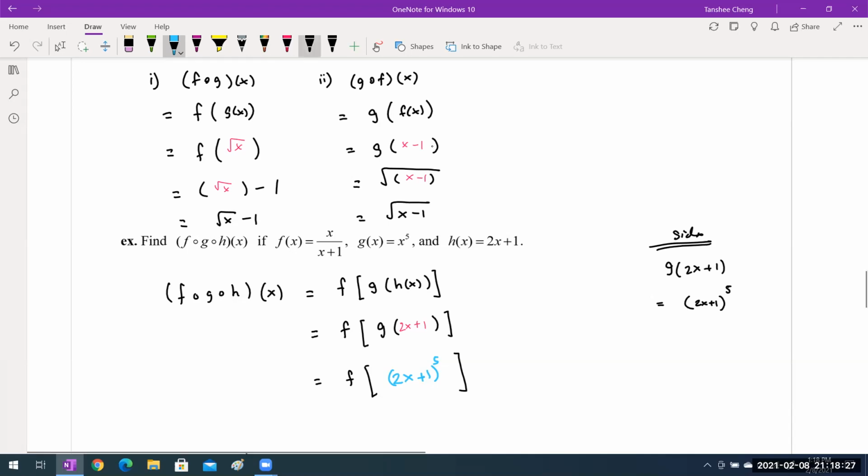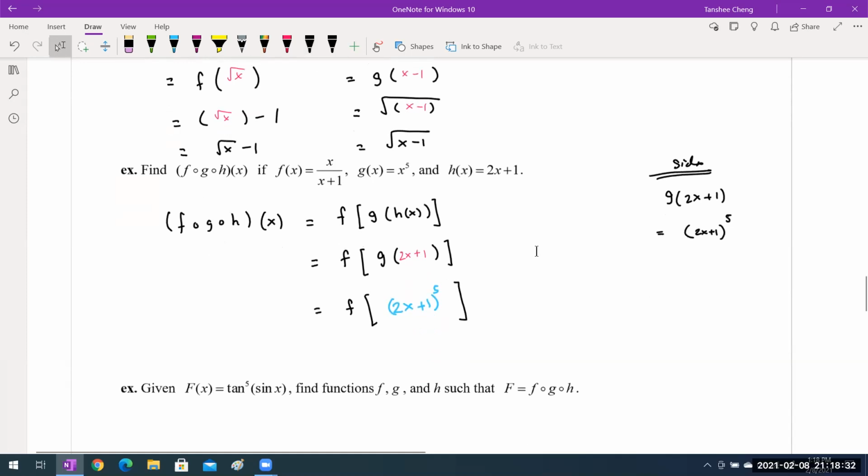And finally, I'm going to substitute this entire part into the f function, which is input over input plus 1. So in this case, my input will be 2x plus 1 to the 5th power.